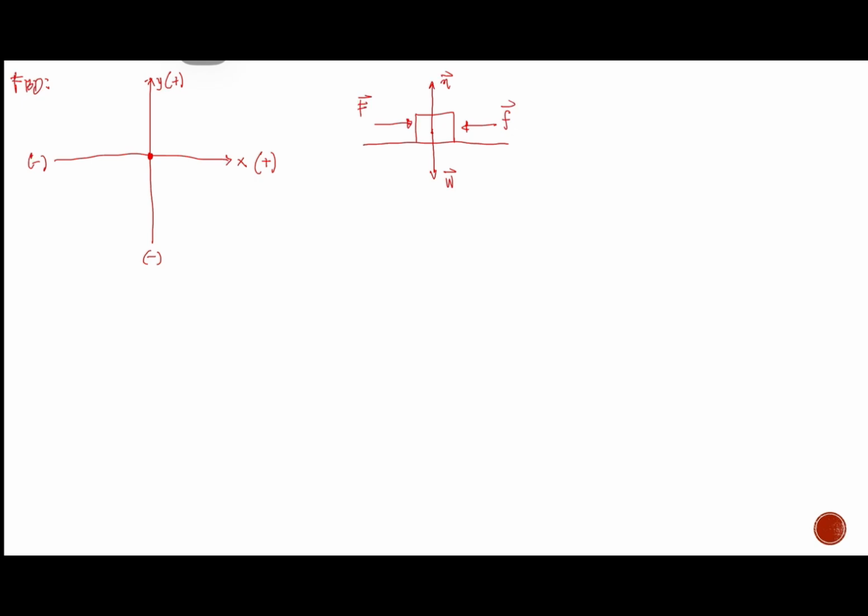So no need to draw the object or the body. You just place a dot at the center of our Cartesian plane, and that will be assumed as our object or our body. And then also, the surface of contact is our whole x-axis.